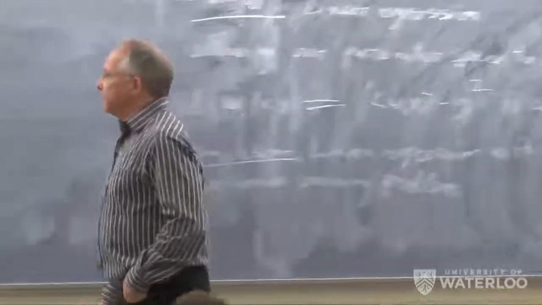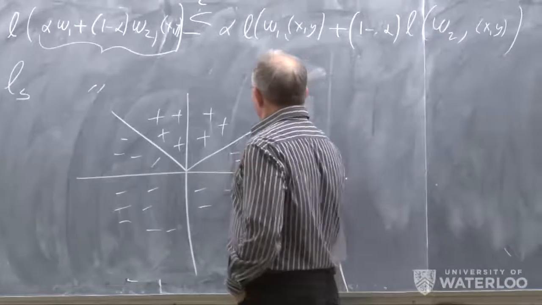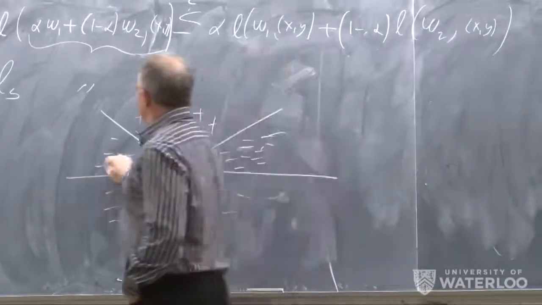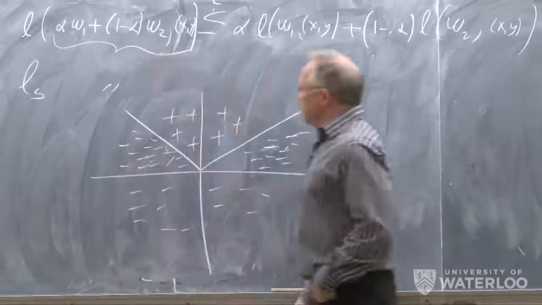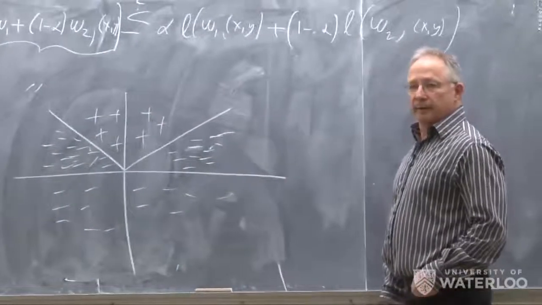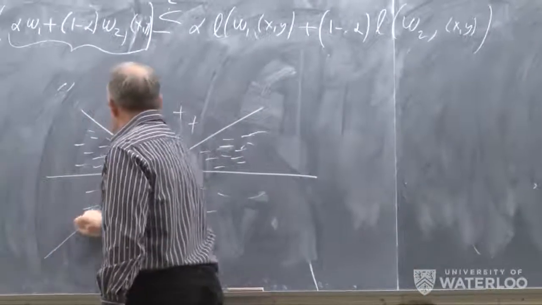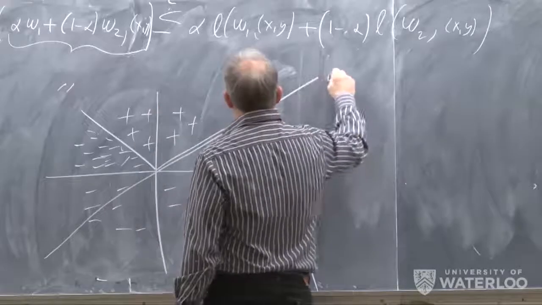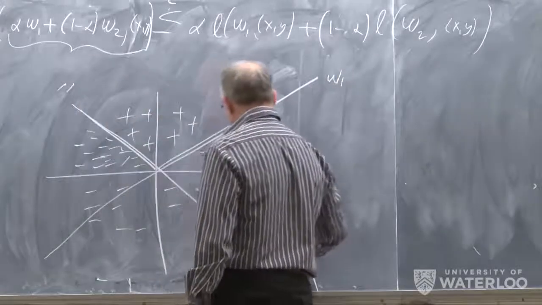And assume that I have lots of points here, so it's very dense. Now I want to consider two classifiers. My W1 will be this classifier, and this will be my classifier W2.